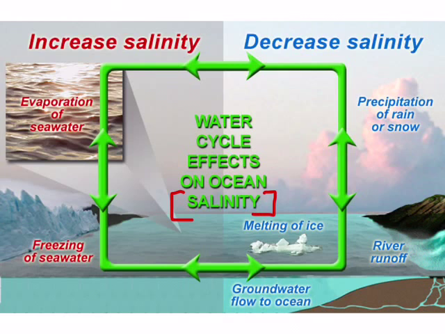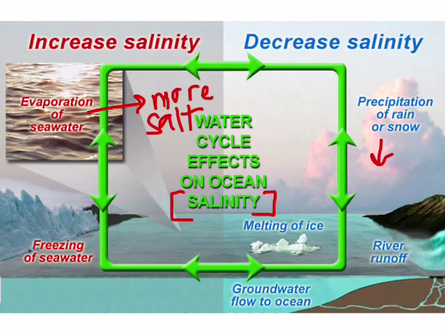All right, so there are a lot of different things that can affect how salty the ocean is. Remember, that's salinity. And there are some things that cause it to become more salty and some things that cause it to become less salty. So evaporation is going to lead to more salt, because the water's leaving to go to the atmosphere, but the salt is not getting pulled up.